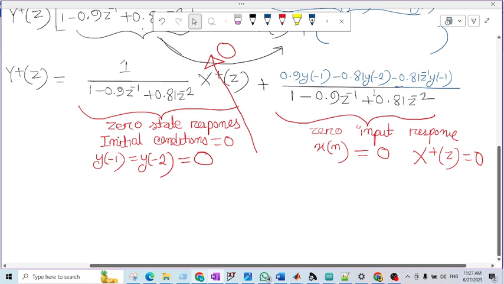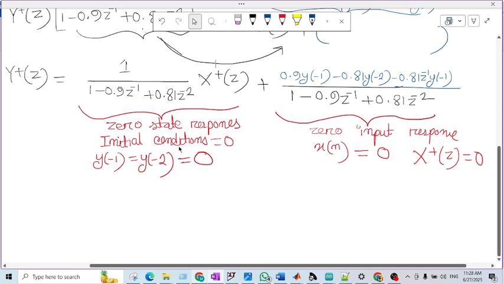That means this is the zero input response. Okay, so now we have to convert these two terms into the n domain, then we have to just sum the two terms and we will get y[n].